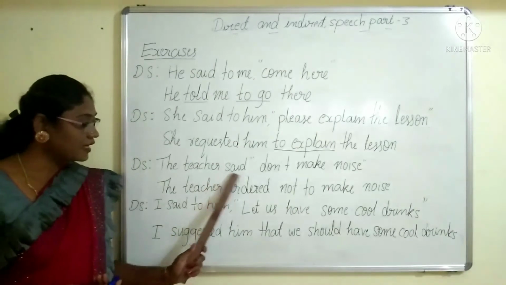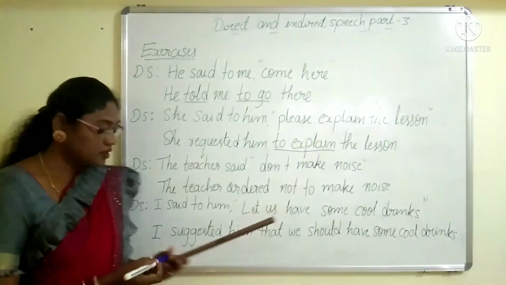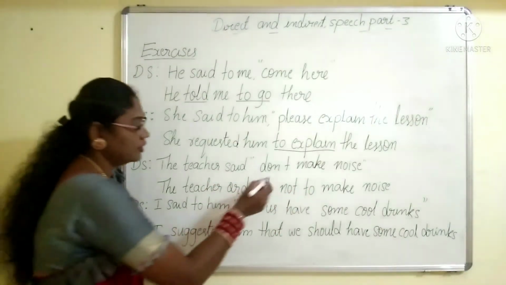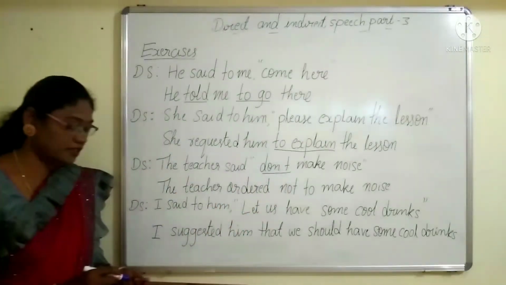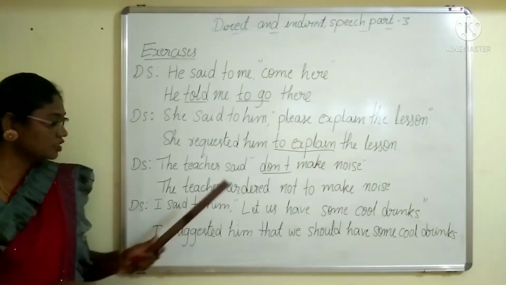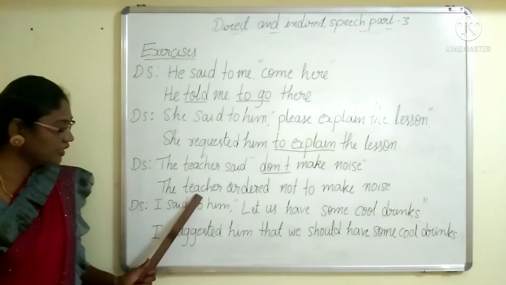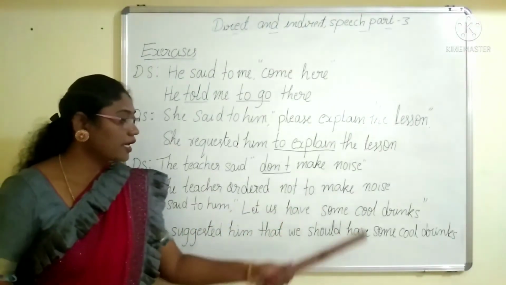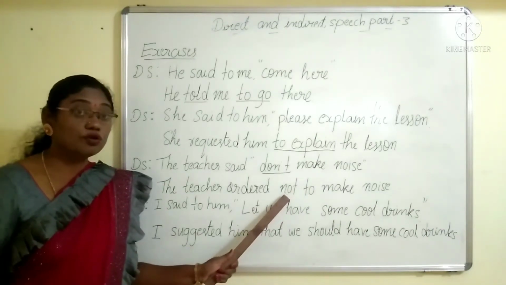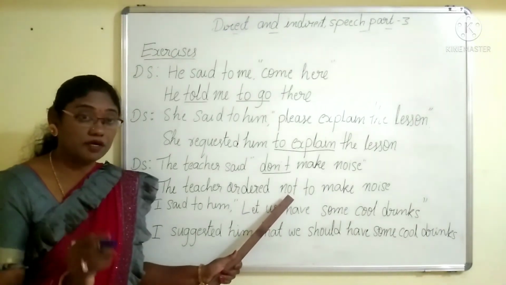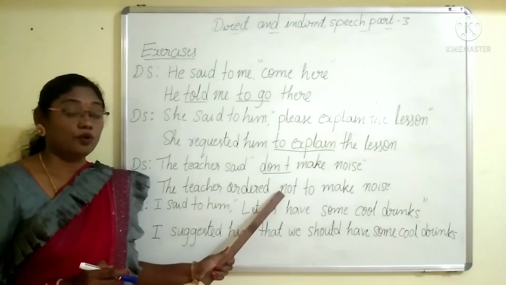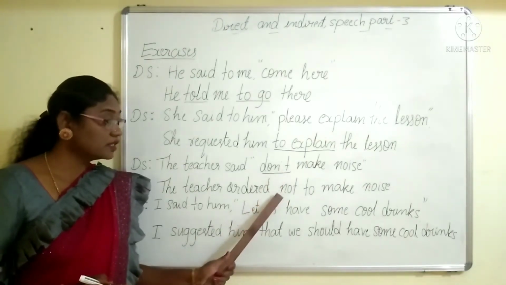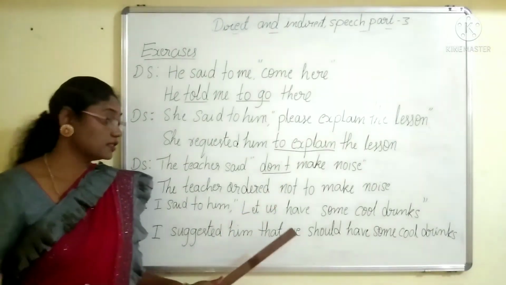The teacher said, don't make noise. See here, the word "don't" has come. It indicates negative. In such a situation, the teacher ordered, I used order, not to make noise. And we don't use infinitive here. Remember, we don't use infinitives in negative imperative sentences.